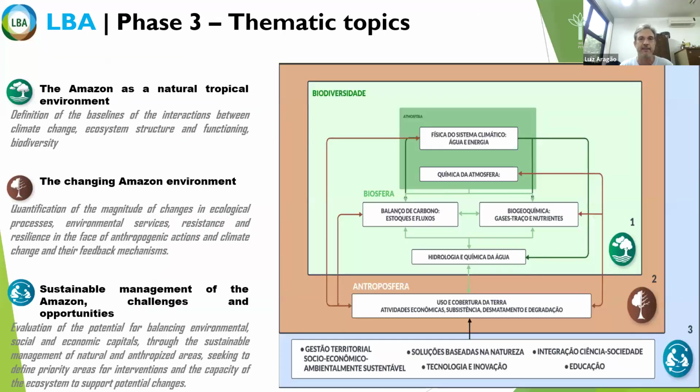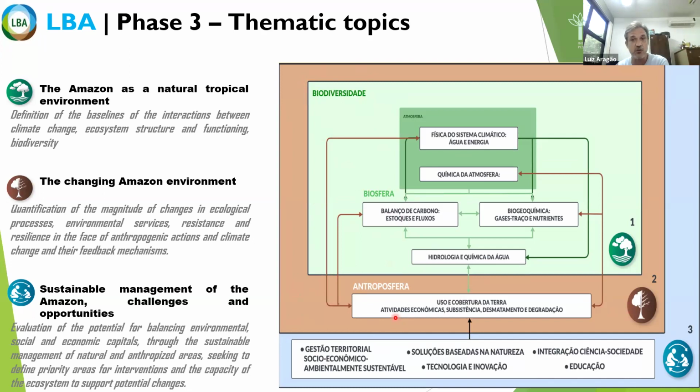So here it's basically the main concept of the integration of these three main topics, where we have the continuum between the biosphere and the atmosphere that needs to be studied and better understood for being able to manage this system in the future. So we have the integration of biosphere, atmosphere, of course, including biodiversity, and then topic 2 that takes all these processes and transforms these processes in human modified landscapes.